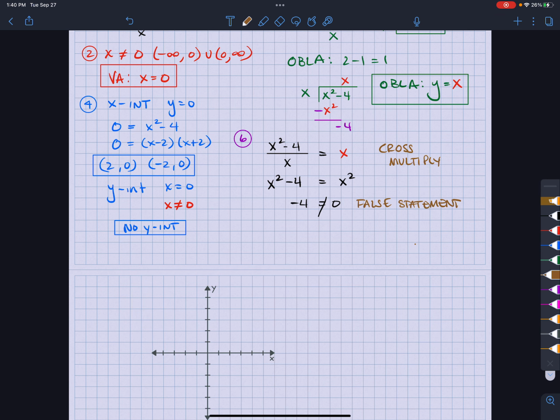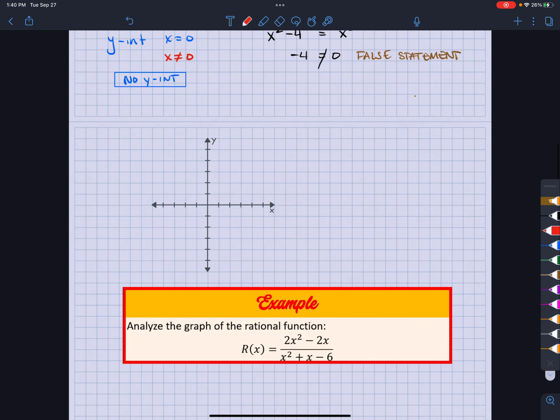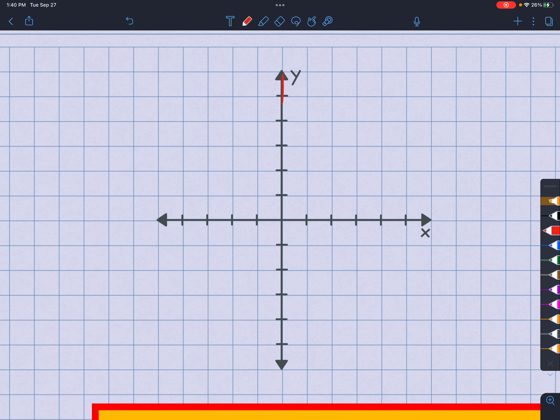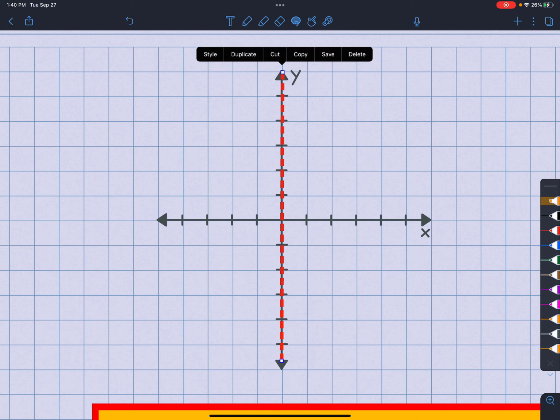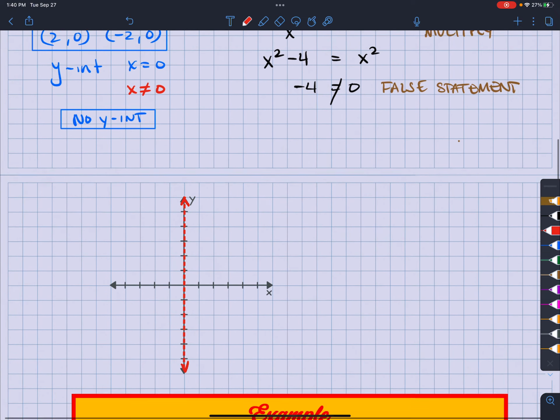All right, so vertical asymptote at x equals 0. So can't touch that.